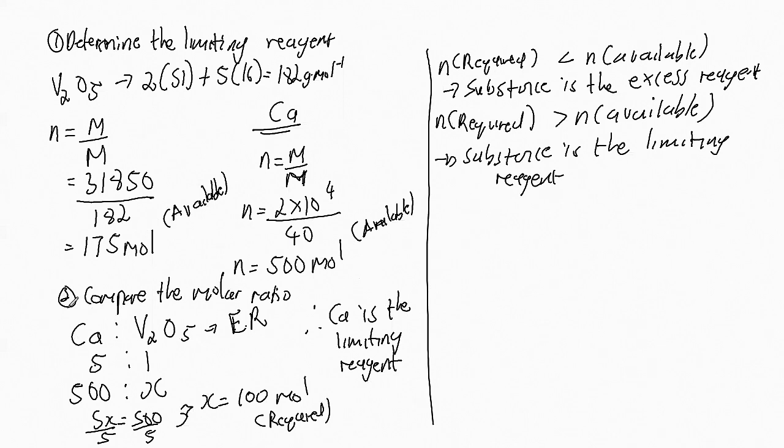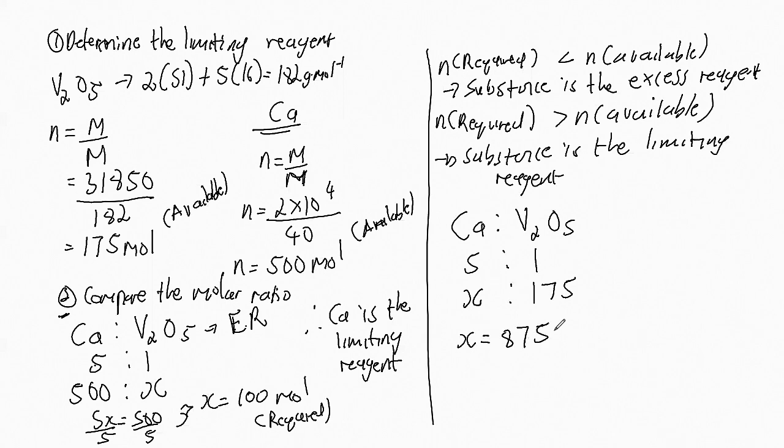We do the same thing, but this time we check what number of moles we need to react in order to react all of this vanadium pentoxide. So we put our X on the calcium side and then put the 175 here. We cross multiply, and if you punch it in your calculator, X is 875 mole. This is the required number of moles.